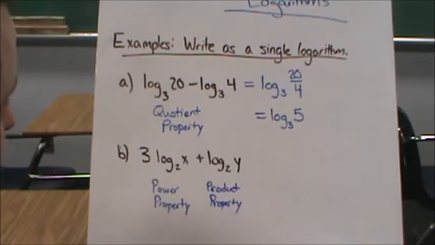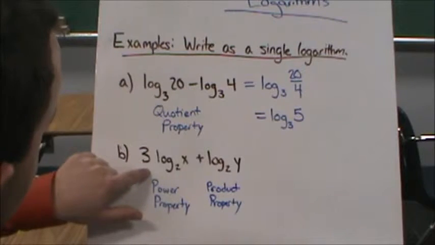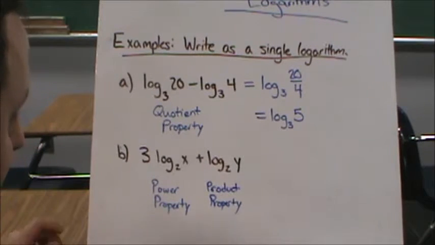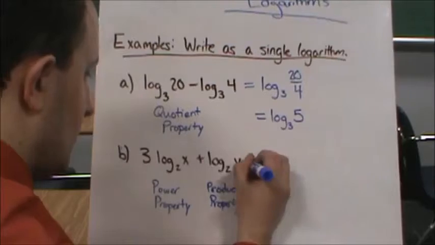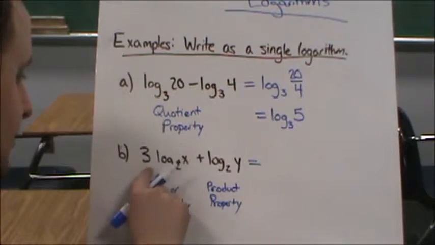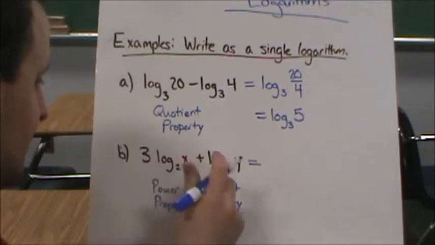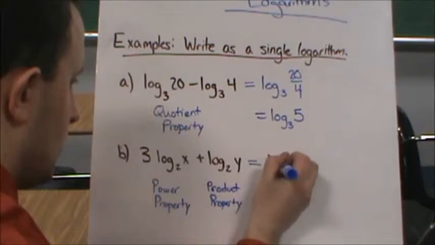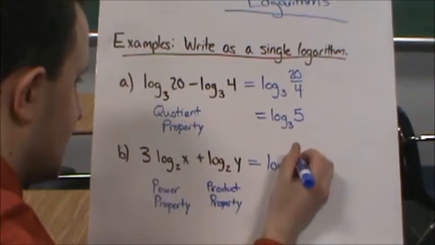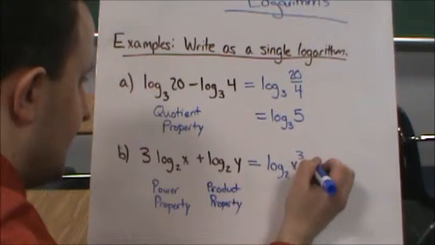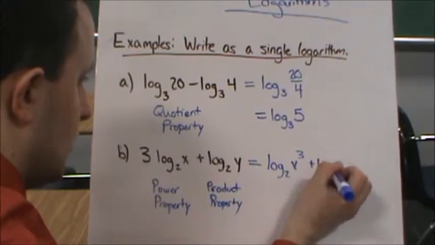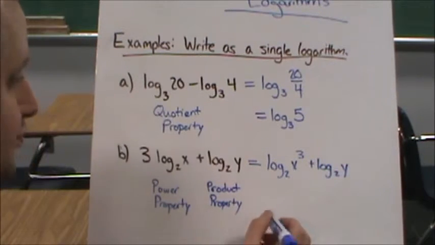The way you would do this is you would do the power property first and then apply the product property. So in this case you would do the power property first to get log base 2 of x cubed plus log base 2 of y.